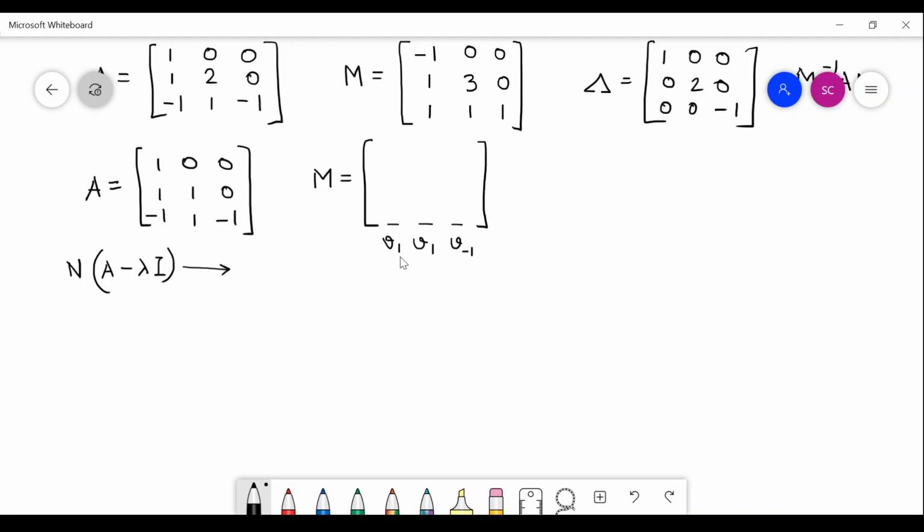So 1 means the eigenvalue here, suppose. So v1 is the eigenvector for eigenvalue 1, and then again the same eigenvector, and then another eigenvector for the eigenvalue minus 1.